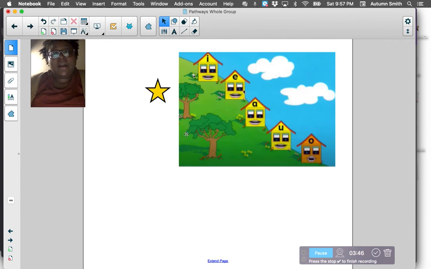Let's take a look at our vowel hill. We know that the letters on vowel hill each say their own sounds. Let's look at this first letter up here at the top of vowel hill. That's the letter I. What does it say? I. E says e.